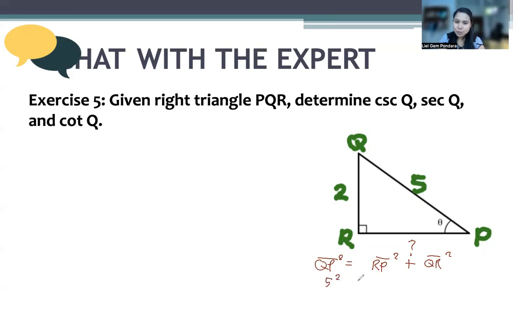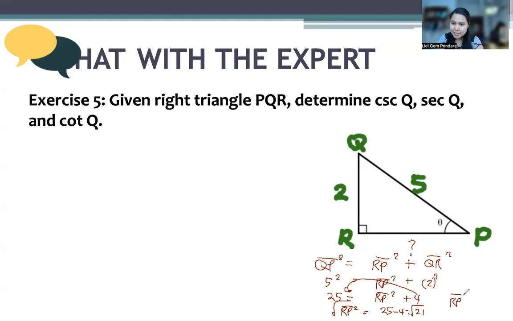We have 5 squared equals RP squared plus 2 squared. 25 equals RP squared plus 4. So RP squared is equal to 25 minus 4, which is 21. Taking the square root of both sides, RP is equal to square root of 21.